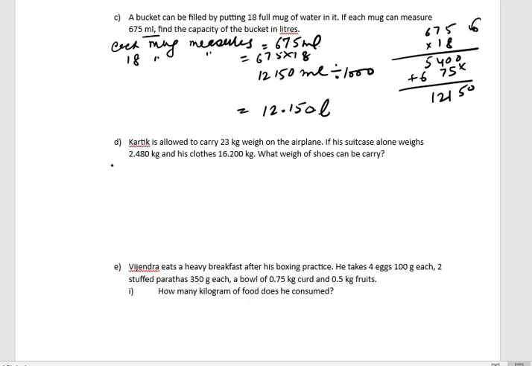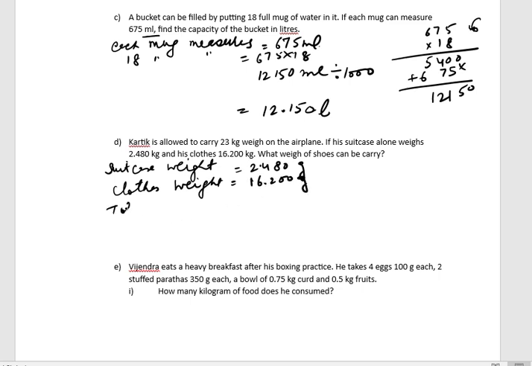Suitcase weight equals 2.480, clothes weight equals 16.200.